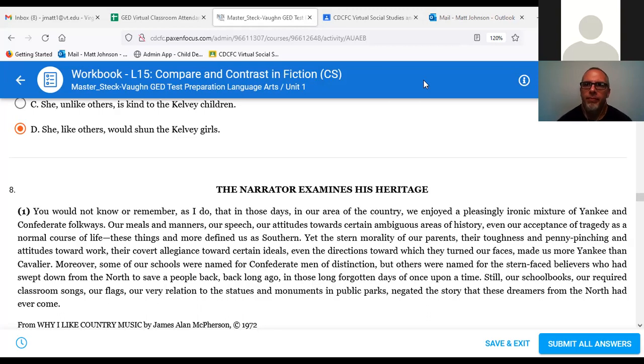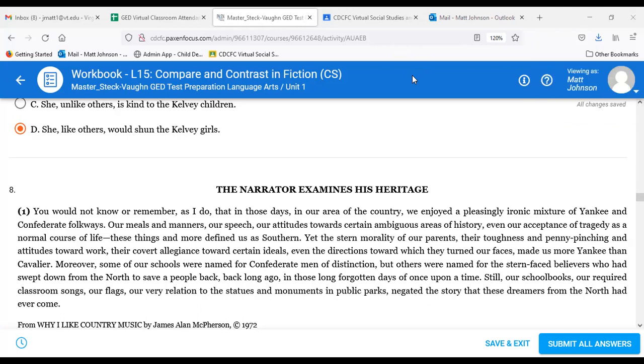Our meals and manners, our speech, our attitude towards certain ambiguous areas of history, even our acceptance of tragedy as a normal course of life. These things and more defined us as Northern. Yet the stern morality of our parents, their toughness and penny pinching and attitude toward work, their covert allegiance toward certain ideals, even the direction toward which they turned our faces, made us more Yankee than Cavalier.